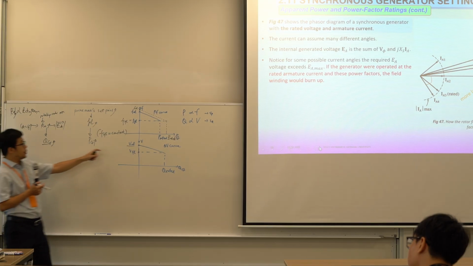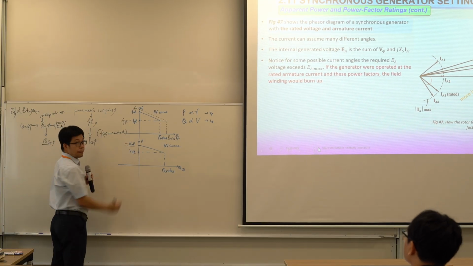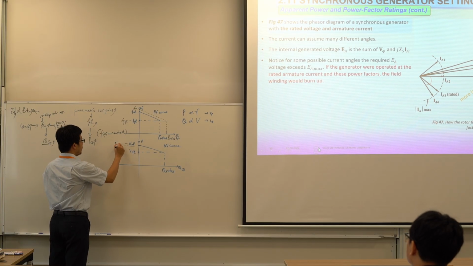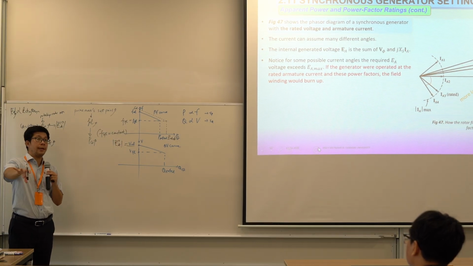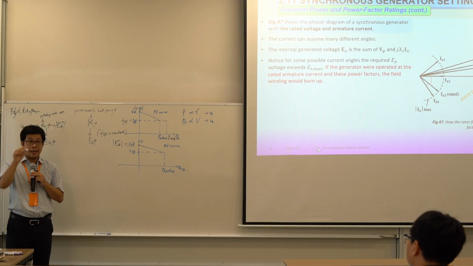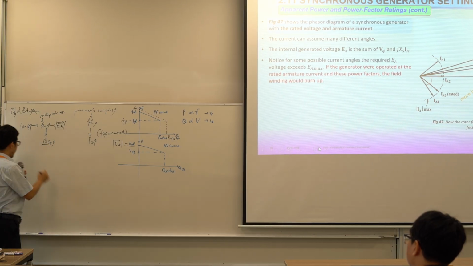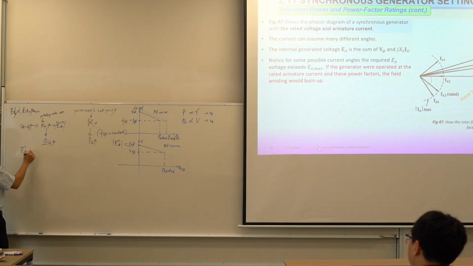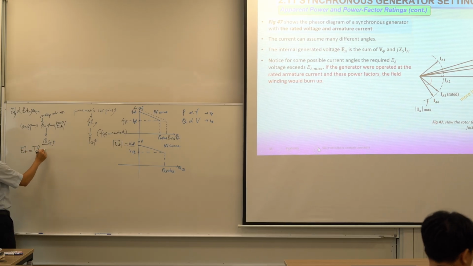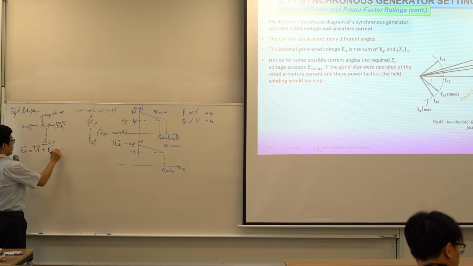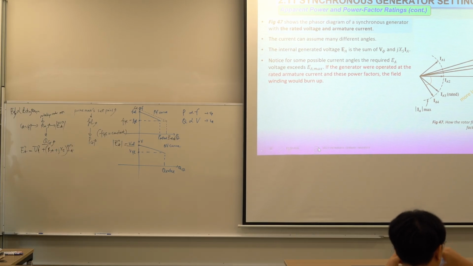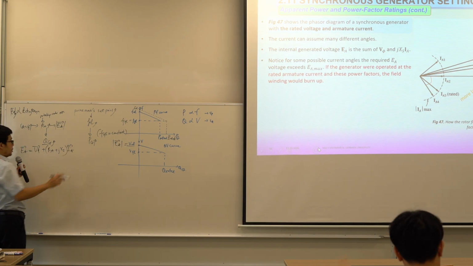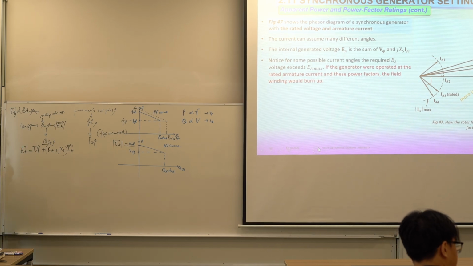Because we increase IF, so no load voltage means EA, right? Because at the open circuit or no load condition, IA is 0, and we already have the formula, right? EA is equal to V phi plus RA plus jXS times IA. Sometimes I use phasors, sometimes I use vectors, it depends on me. But you should understand, right? This is complex numbers.